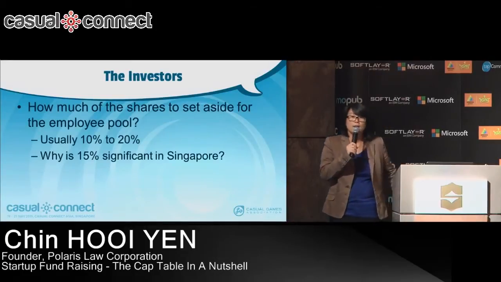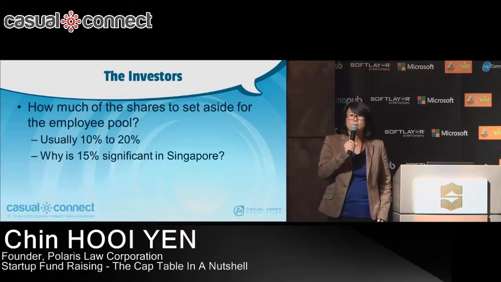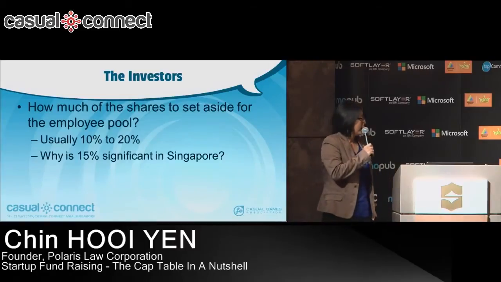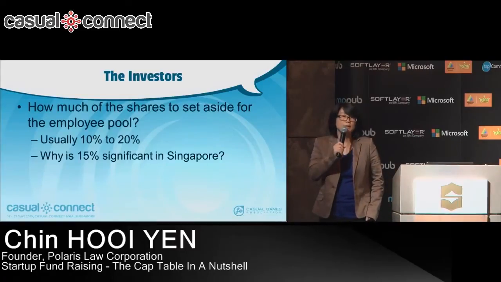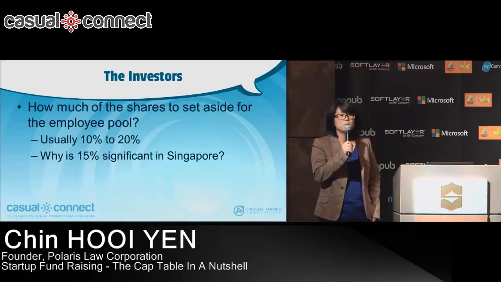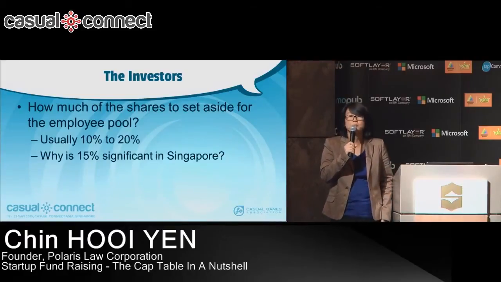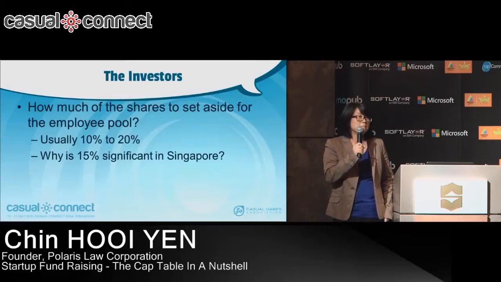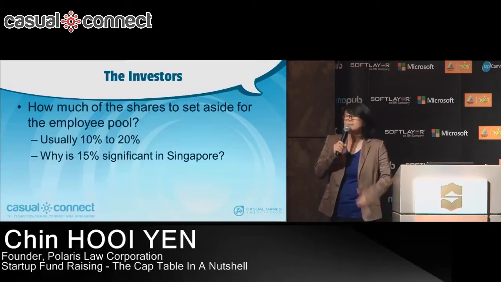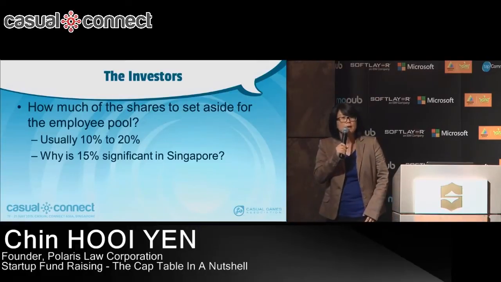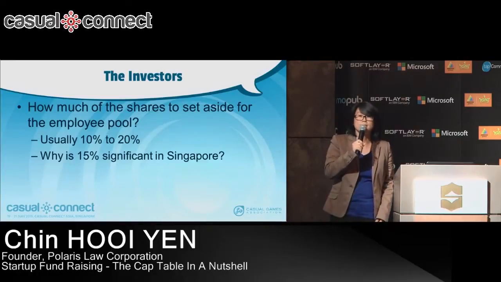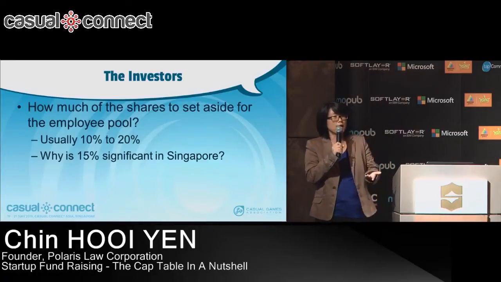Now, they also think we should set aside an employee pool. Typically in Singapore, we find that the employee pool set aside usually is 10 to 20%. I suppose it's a matter of market practice. In Singapore, a lot of companies like to set aside 15%. That's a matter of habit.